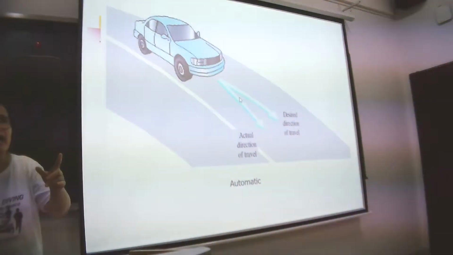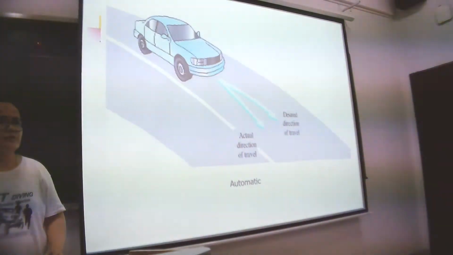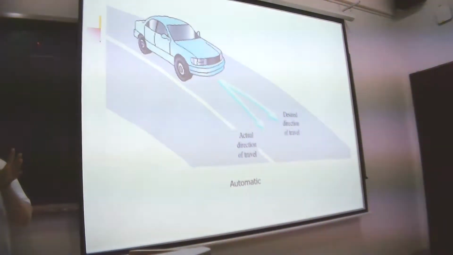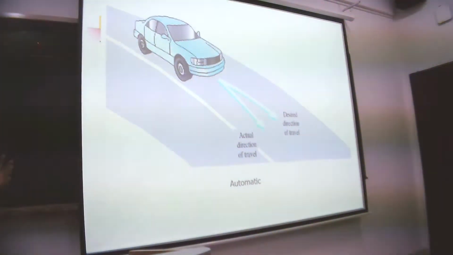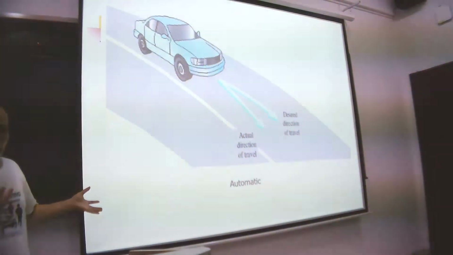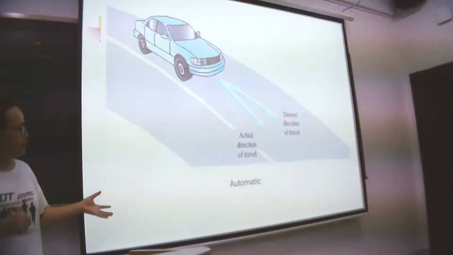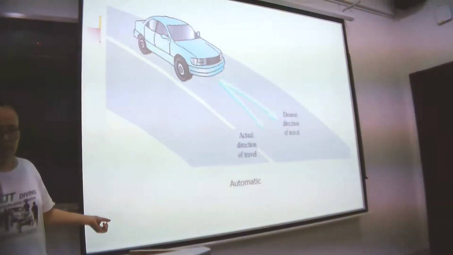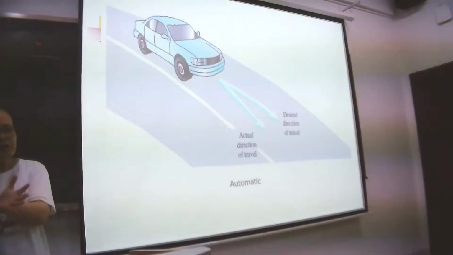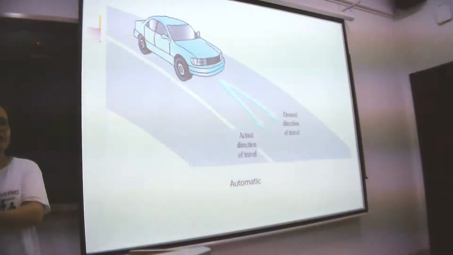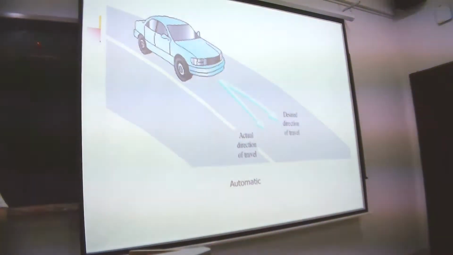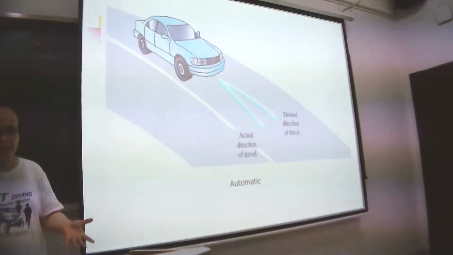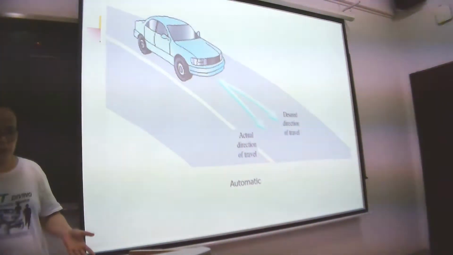The error is the difference between this desired direction and this actual direction. Now, if we find that there is a direction error, we should calculate and correct it, to make the error 0.